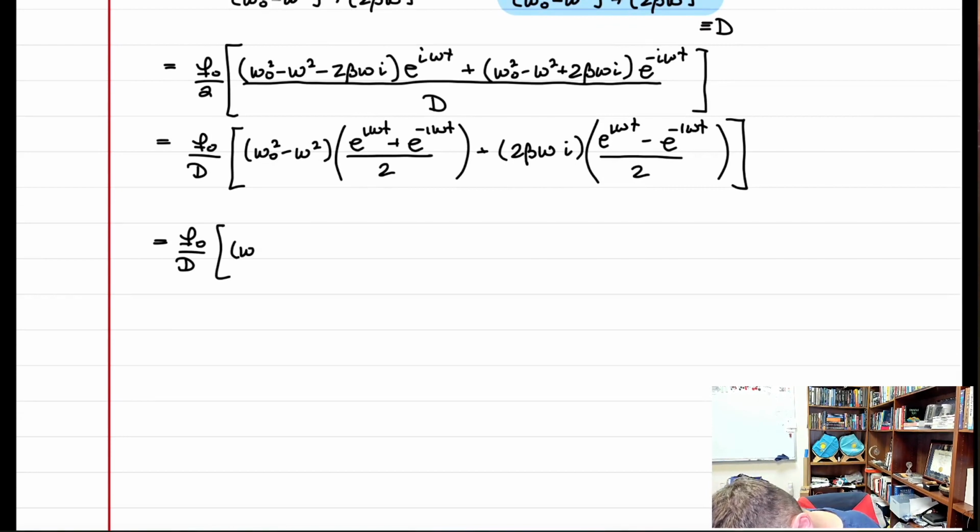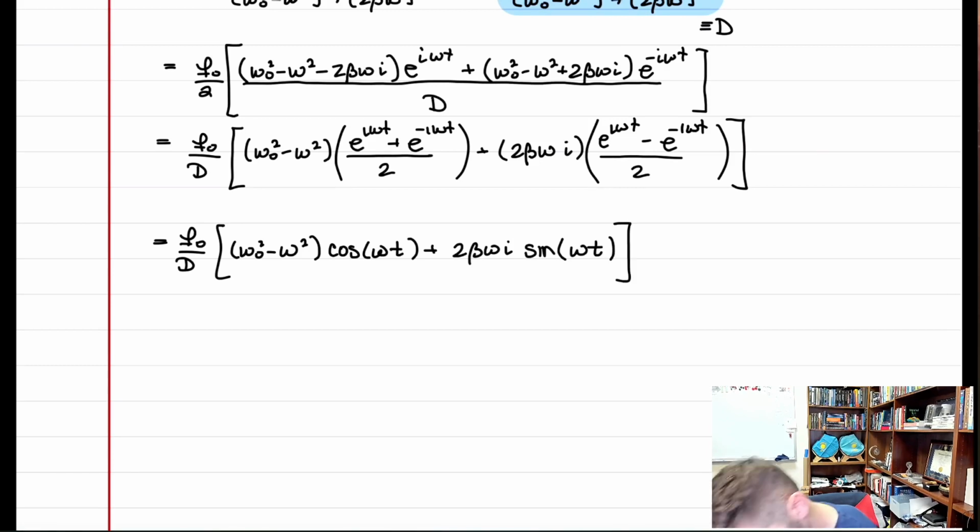Then it's omega naught squared minus omega squared times cosine of omega t plus 2 beta omega times i times sine of omega t. Oh, sorry, I've made a mistake. This i also plays a role as well.